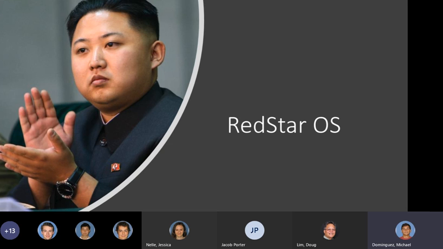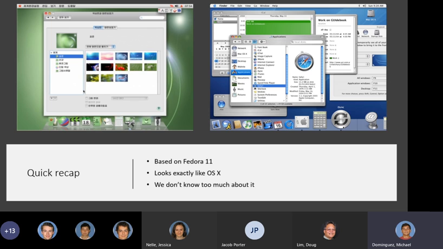So we're talking about Red Star OS, and we left off where Nathan was talking about how Red Star was very similar to Fedora and based on Fedora. It started out with a Windows-esque format, and then from that picture that we saw with Kim Jong-un with the Mac, it turned into what we see here as the OS X style.